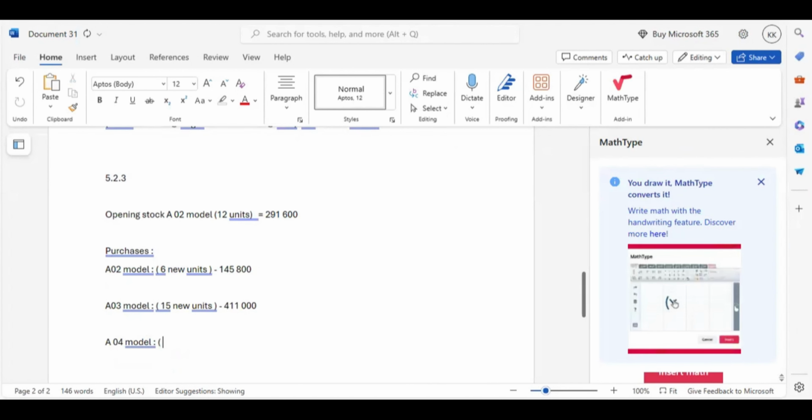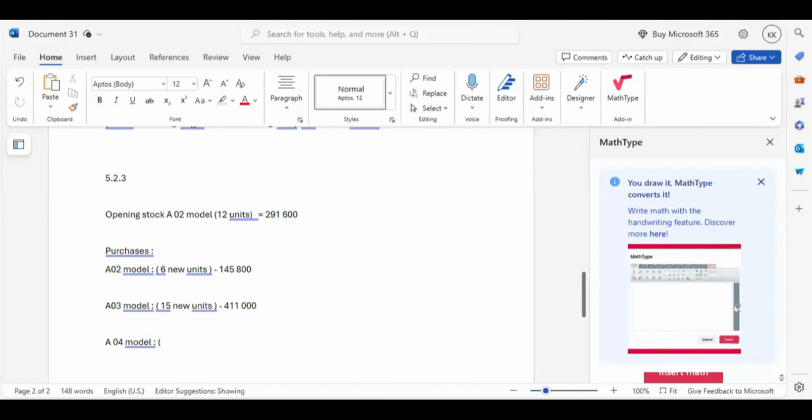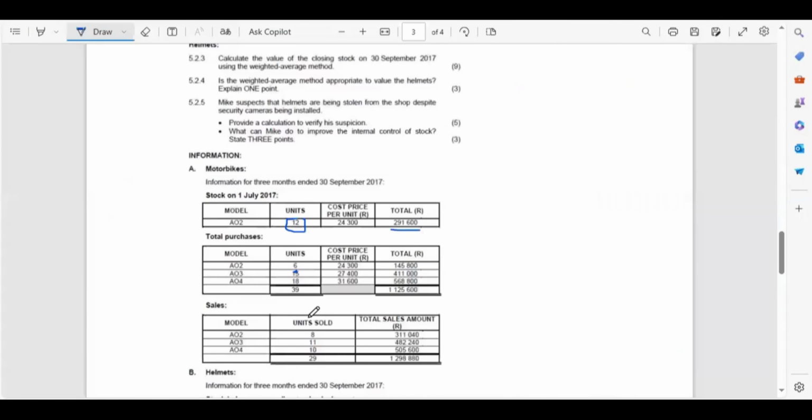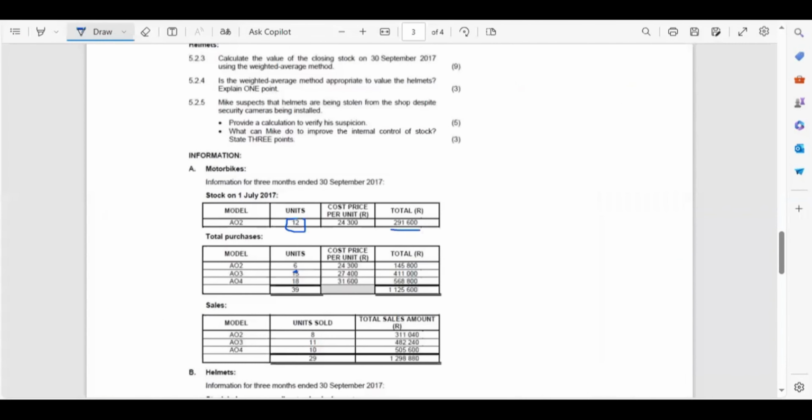How many new units did I buy for the A04 model? It is 18 new units. And what was the cost of those units? It was 568,800.